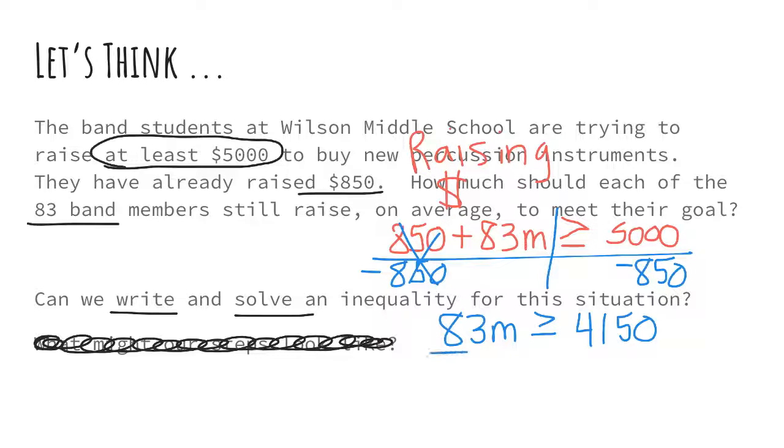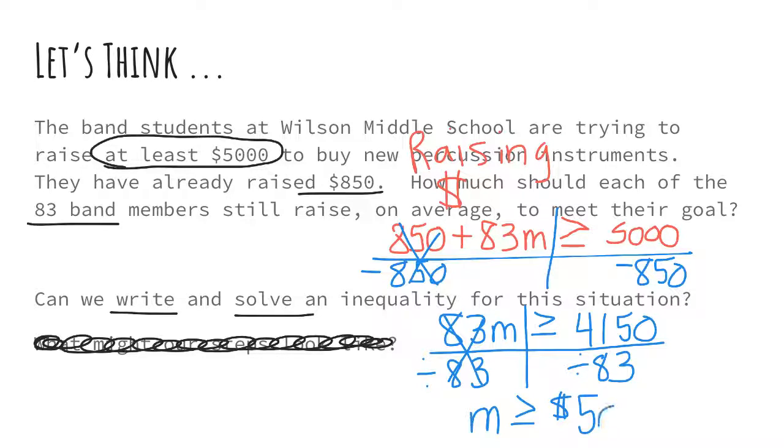That needs to be divided evenly between 83 band members. And so if we take our 4,150 and divide it evenly among 83 band members, each member should raise more than or equal to $50.